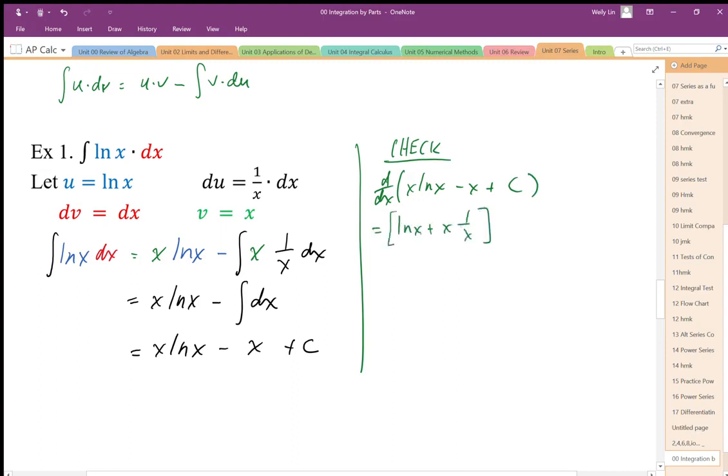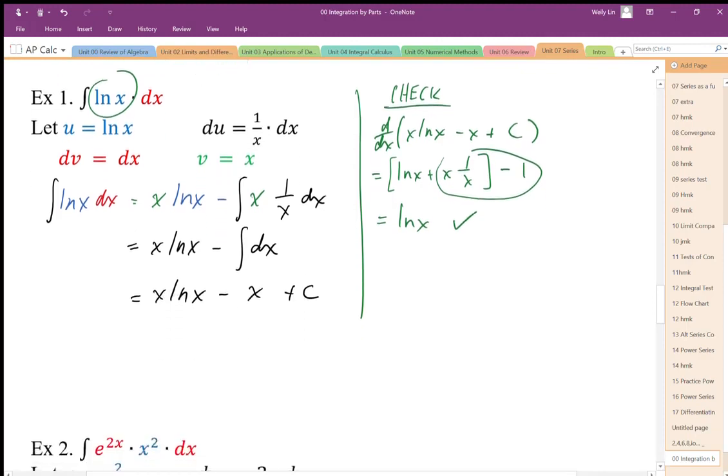There's my product rule. Derivative of x is 1 plus 0. That is a plus 1 minus 1, so I end up with log x. That's what I started with. So perfect. That is the antiderivative of log x, x log x minus x. So that works, and we've checked that it works.